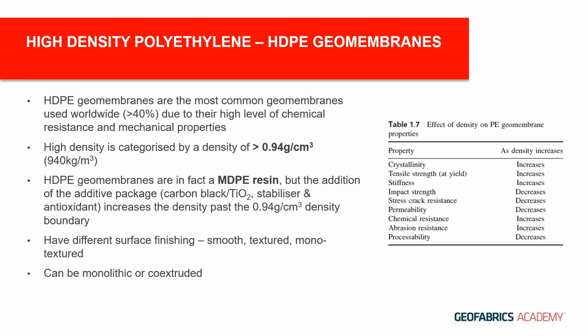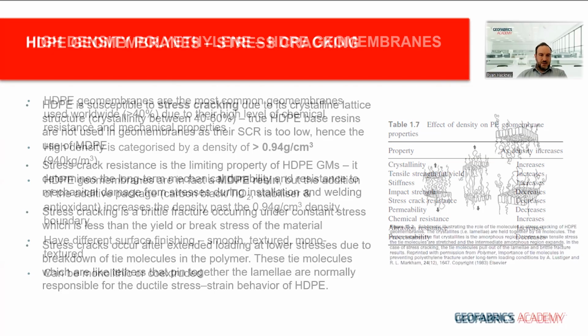The increase in density results in the increase in tensile strength, an increase in stiffness, as I say, an increase in chemical resistance and an increase in abrasion resistance. But in fact, that higher level of crystallinity can also give some detrimental effects to the liner. The impact strength can decrease, the stress crack resistance can decrease, the permeability can decrease, and also the processability decreases.